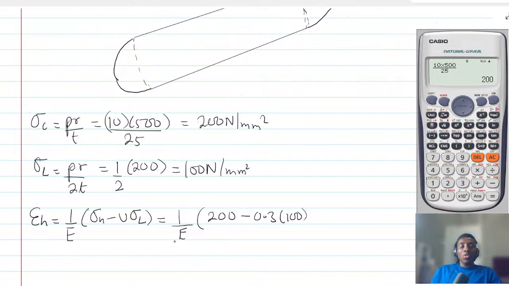If you do everything here, you end up with the hoop strain as 170 divided by E. All these are formulas.